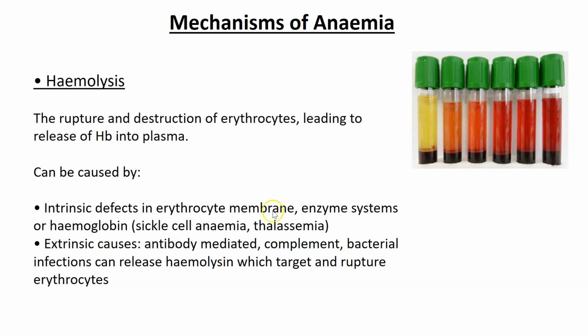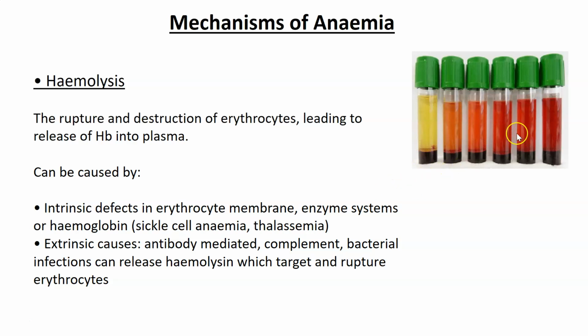and cause their lysis. So as opposed to intrinsic defects, there's extrinsic causes as well. So autoimmune conditions where your own antibodies target red blood cells. Your red blood cells are targeted naturally by your immune system, because your immune system is constantly monitoring red blood cells to see how effective they are. If they see that they're not really effective, they're removed from circulation, and there's a process by which that happens.